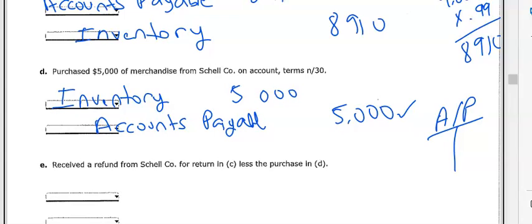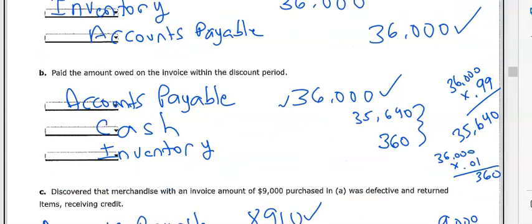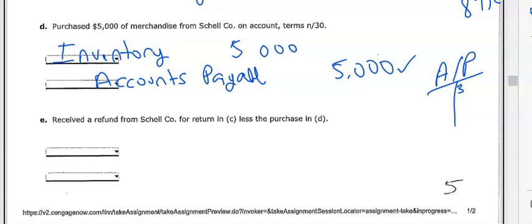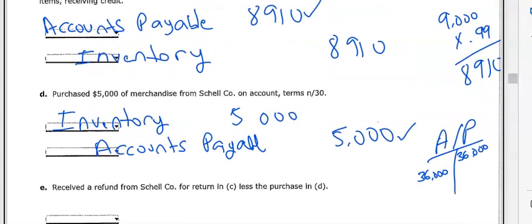All right, so let's put all that in. I think that was $36,000. Yeah, it was. Here's what's happened so far. I bought something on account. I paid it off in total. Then they gave me a credit to my account, and then I bought some more on account.